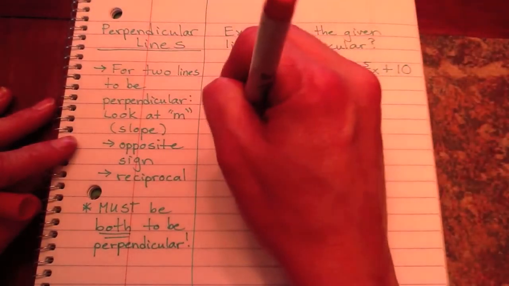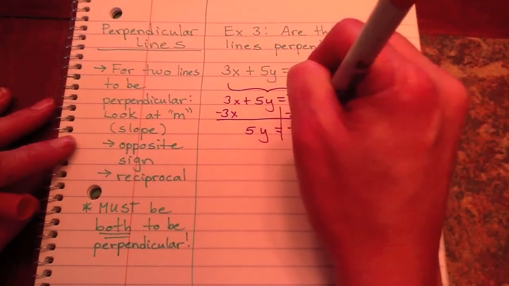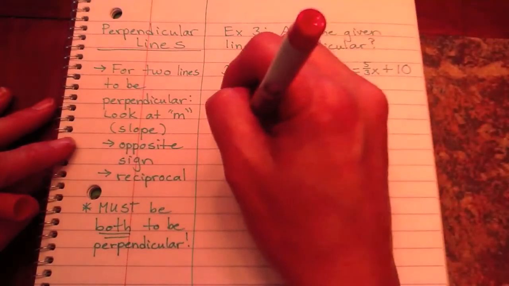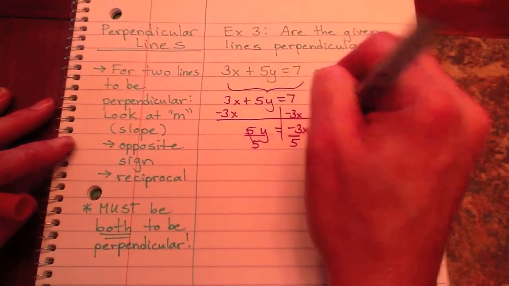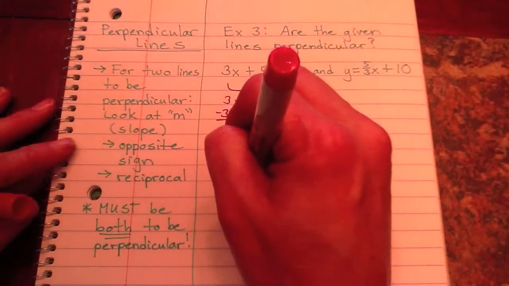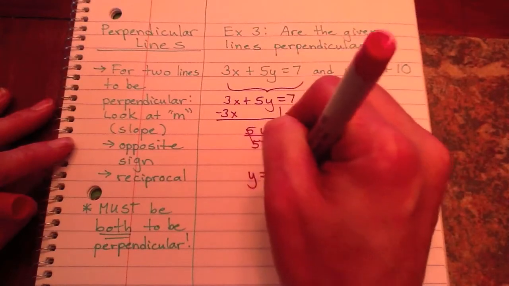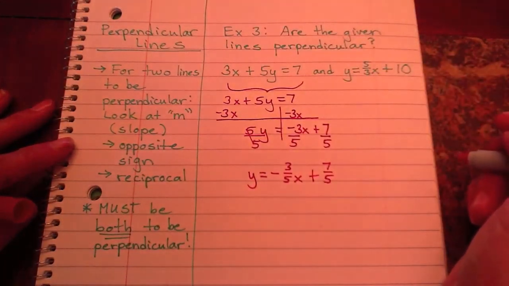You end up with 5y equals negative 3x plus 7. Divide by 5, and remember you're dividing every term. So you end up with y equals negative 3/5 x plus 7/5.